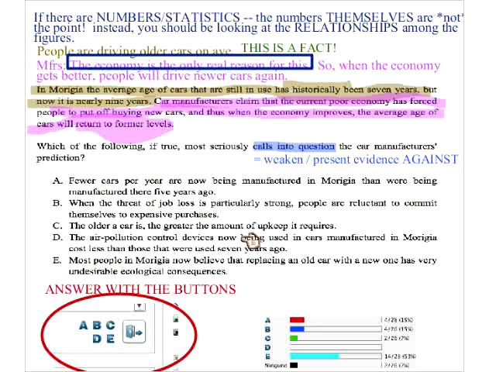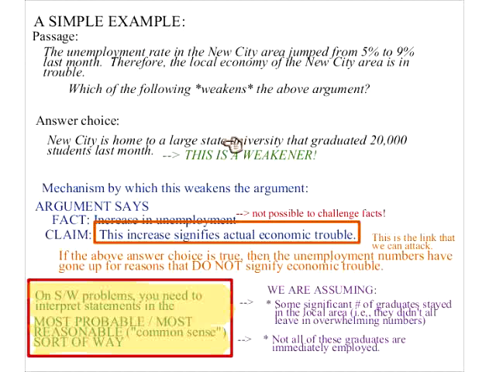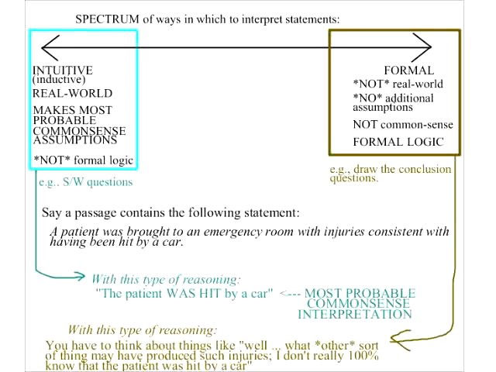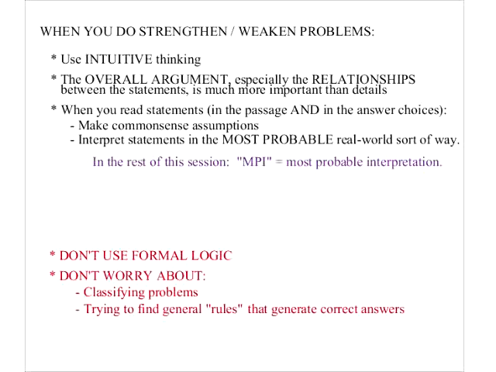D would be, if anything, a reason why new cars would be better. Someone's talking about out of scope. You've got to be careful with that, because notice that the correct answers to these questions, let's go back to this one real quick, are also very much out of scope of the argument. In fact, the correct answers have to be outside the scope of the argument. Let's put that in the yes row here.